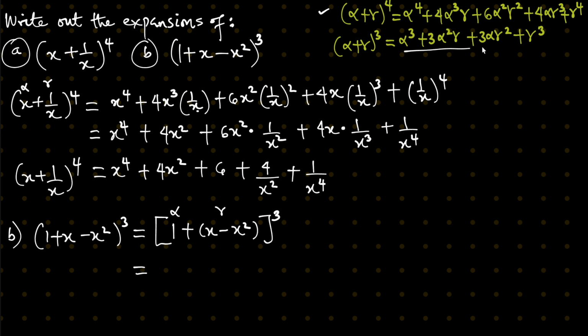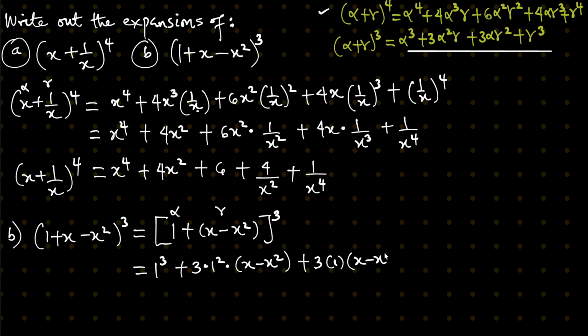So I'm using this expression: alpha cubed, 1 cubed, plus 3 alpha squared gamma, plus 3 alpha gamma squared, plus gamma cubed.